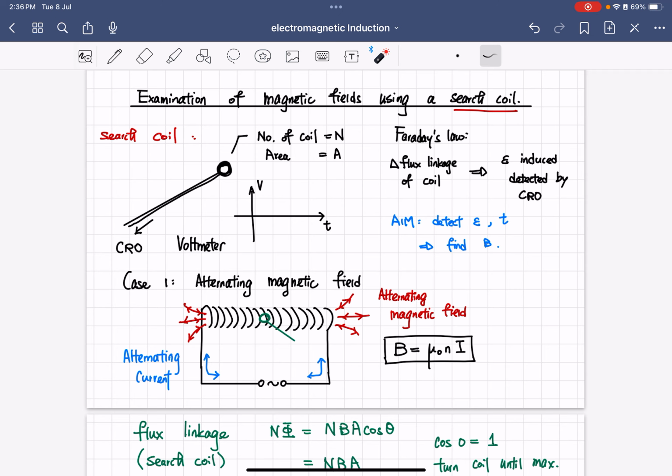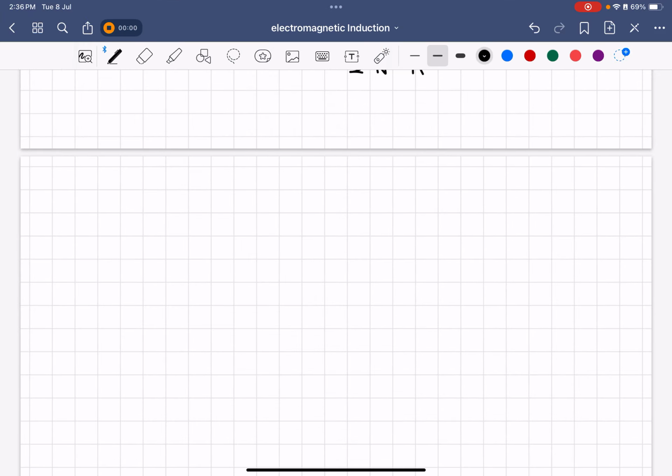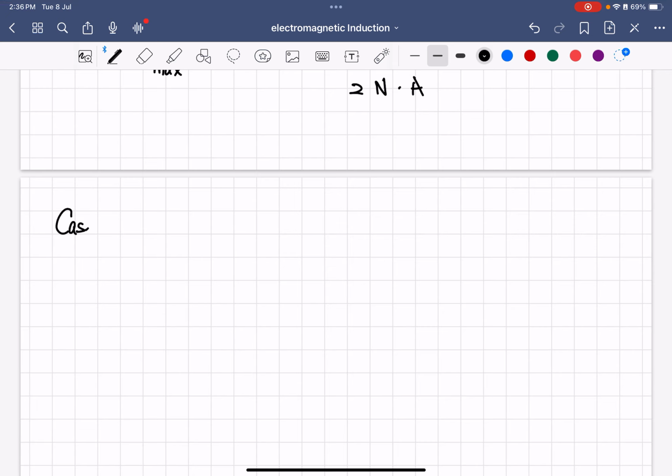At first sight, a constant magnetic field would seem easier, but it's actually not simpler, because a constant magnetic field means there will be no change of magnetic flux linkage. Everything is constant, so there will be no EMF induced.